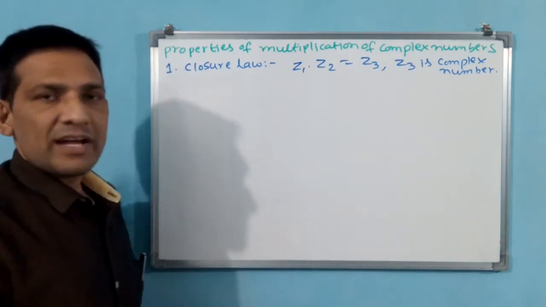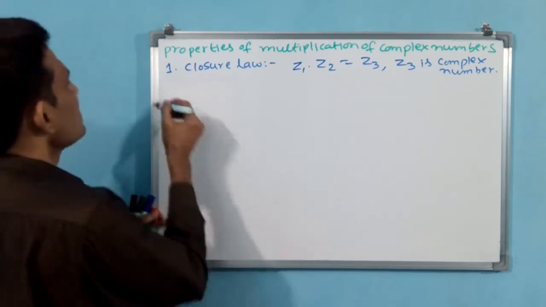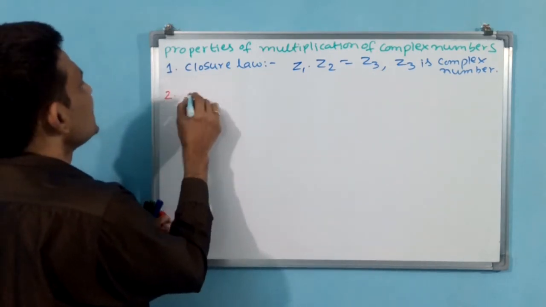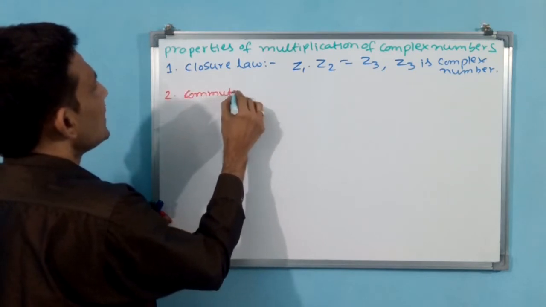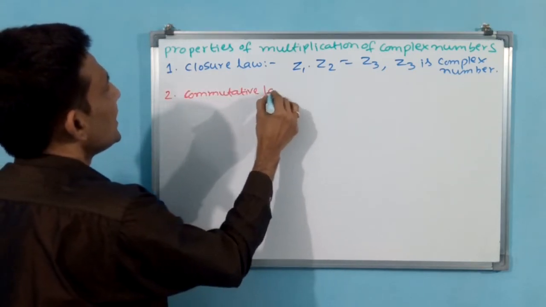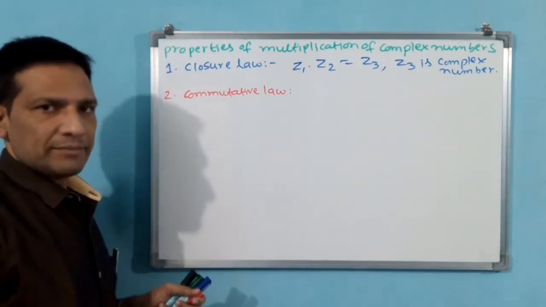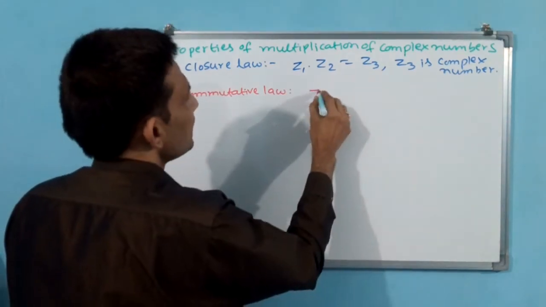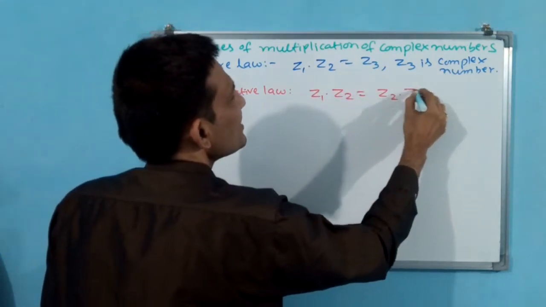Next law is what? Commutative law. Let us go for commutative law. What is commutative law? Z1 into Z2 is equal to Z2 into Z1.